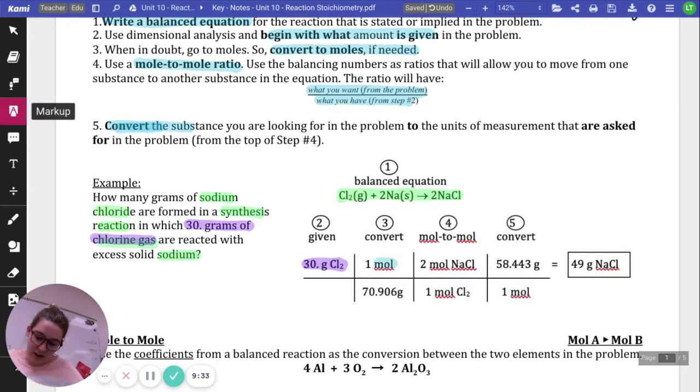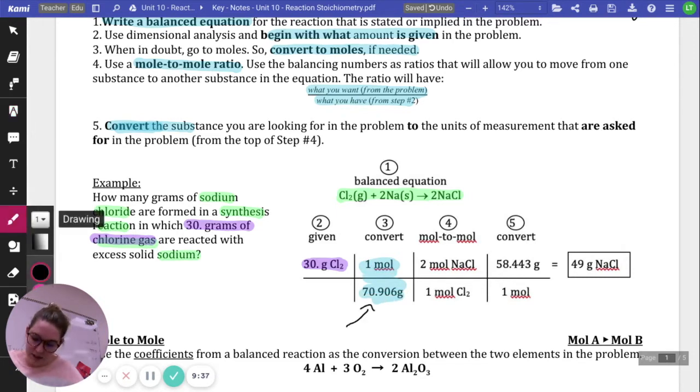So right here, we are using our molar mass. This is the molar mass of Cl2, and we are using our molar mass to get to moles because 1 mole is equal to the molar mass. So 70.906 grams is 1 mole of chlorine. All right, then I guess that's step 3.